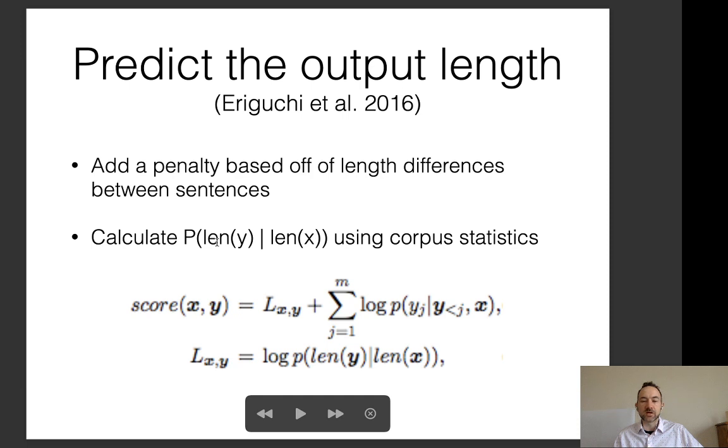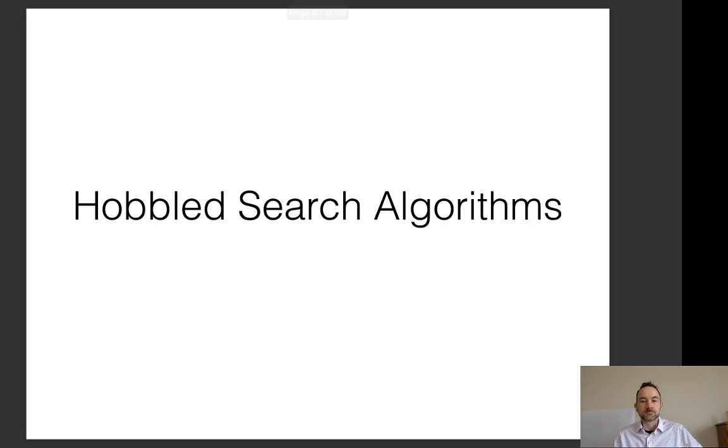You basically just count the number of length 25 sentences given the input was length 20, and use this as the probability of the length of the output. You can then add this into the overall score. This is a very simple method, nonetheless quite well-founded, and it's guaranteed to bias the model towards the distribution of lengths that you actually expect given the input. So I would recommend considering this if you are having length problems in your model.